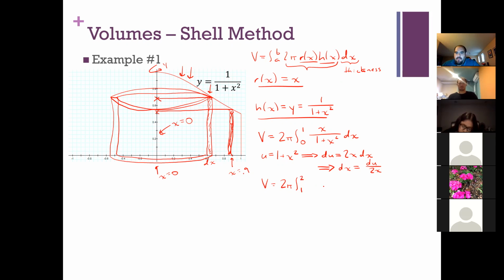All right, so then our integrand is going to be 1 over 2u du. And if that's the case, then I'm left with the volume equal to pi times the integral from 1 to 2 of du over u.